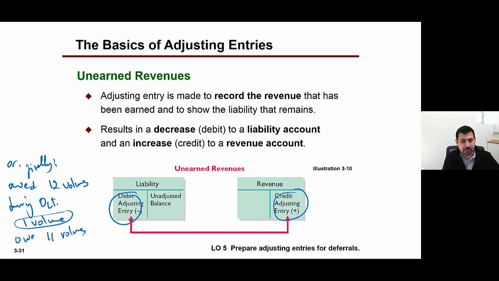Before this adjusting entry, liabilities were overstated. We were saying that they owed 12 volumes, whereas in reality at the end of the accounting period they only owed 11. So the liabilities were overstated and revenues were understated, because we were saying that they hadn't earned that yet, which also causes net income to be understated as well.